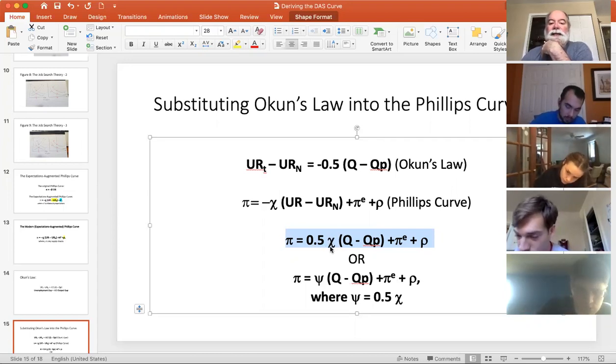The chi is a fraction, 0.5 is a fraction, so the pitchfork is just another fraction. Okay, so we took Okun's law, we substituted it into the Phillips curve, and we ended up with this thing. Anybody have any questions about that? Except for the Greek letters, it's pretty simple algebra.